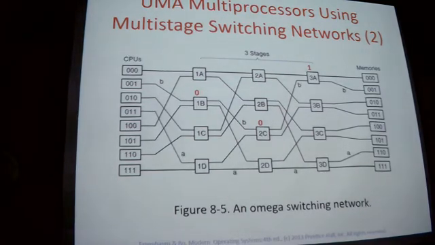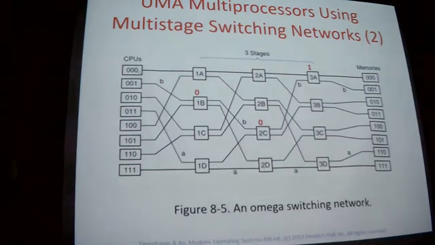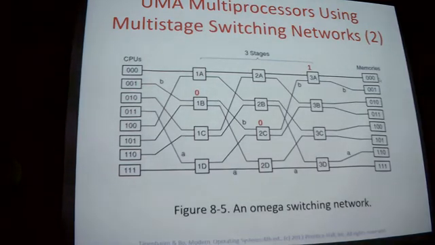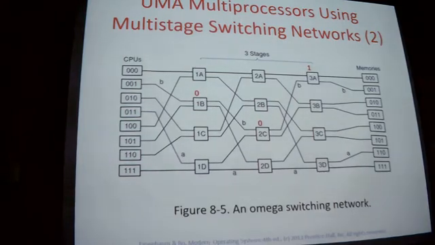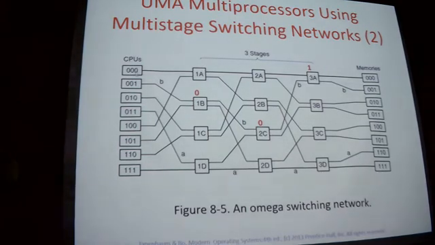From this figure, you will find that you can go from any CPU to any memory by controlling the switch. That is in fact just using the destination as the signal. You can go from 0, 0, 0 to 1, 1, 1.